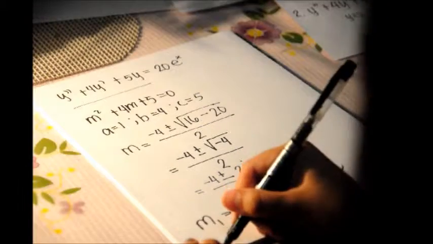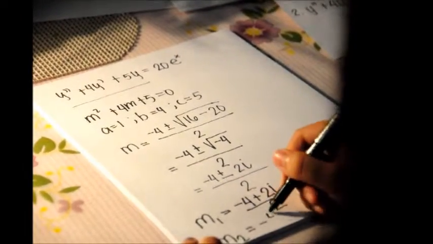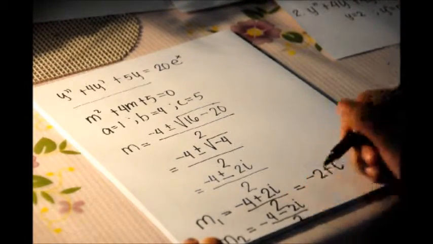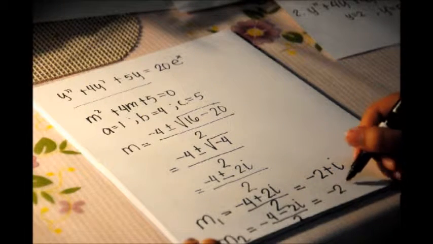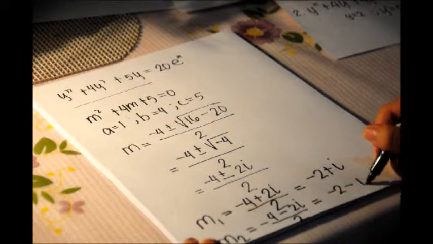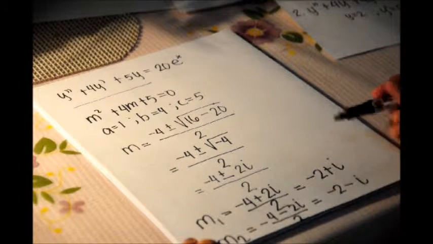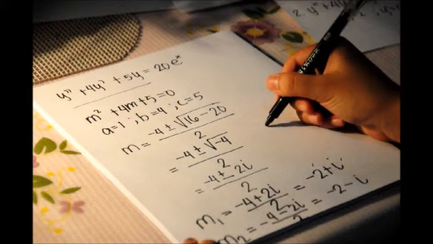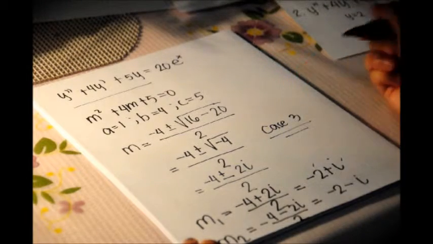For m2, it is equivalent to negative 4 minus 2i over 2, or negative 2 minus i. So we can see that our two roots have a real part and an imaginary part. So this falls under case 3.